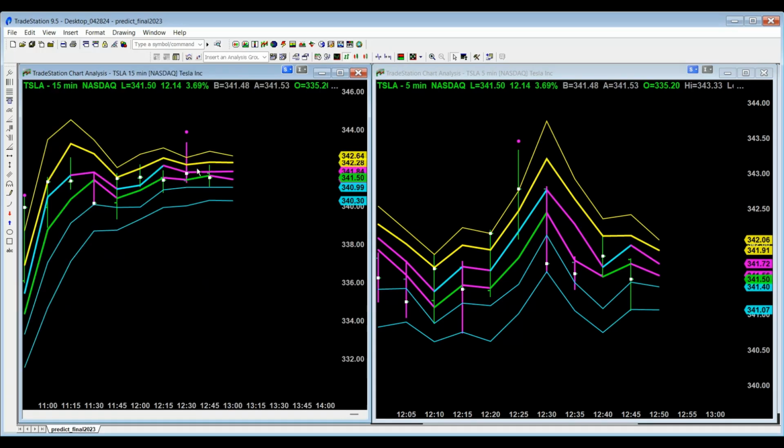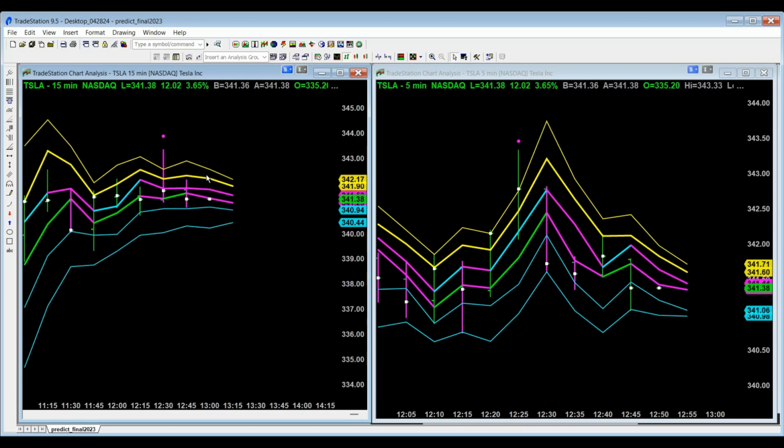If you have a lower priced stock, like $20 or even $5, 50 cents is also a very good ratio, right? Just because this Tesla has a very high price, $340, 50 cents is not a big deal. But you will know how this tool works.